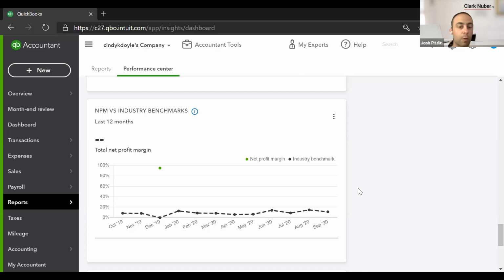Other resources for benchmarks, if you don't have access to this functionality within QuickBooks Online, if you don't have the advanced version, I would encourage you to reach out to, if you're a part of any associations, construction associations, they might have benchmark analysis as well to provide you.